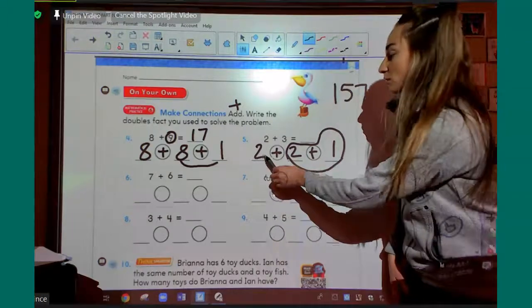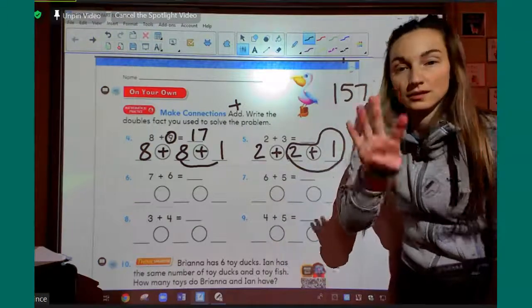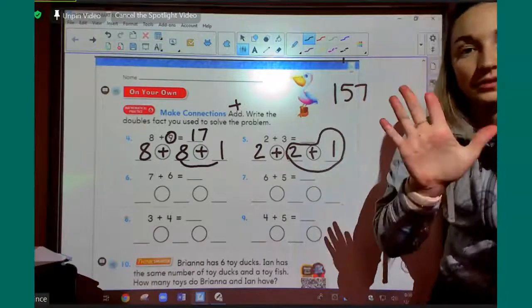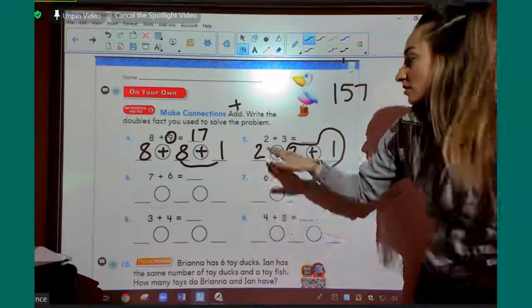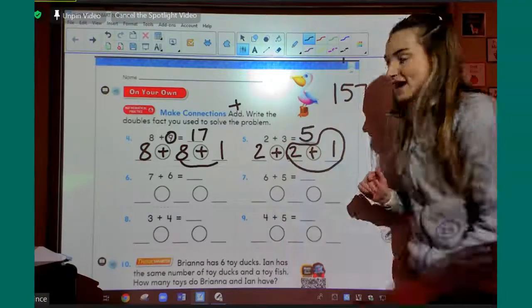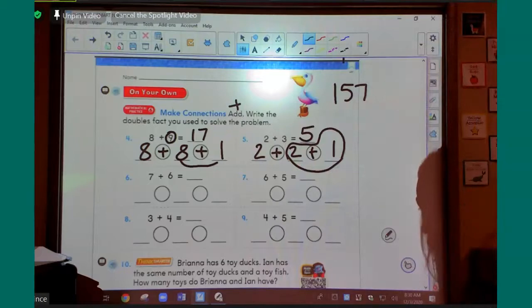So we have 2 plus 2 equals 4, plus 1 more equals 5. So we're going to write 2 plus 3 equals 5. Do we see that? Yeah. Okay.